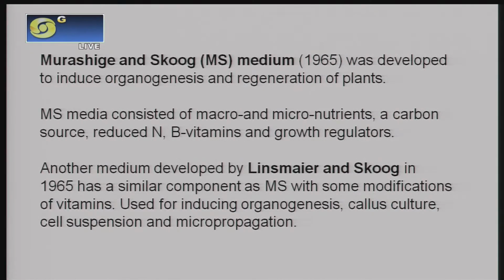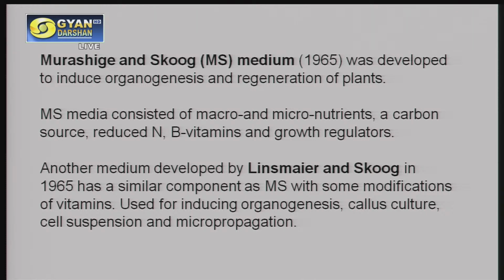That is this bipolarity, that is, one pole towards the root and one pole towards the shoot. So that is called organogenesis, and that organogenesis actually occurs in the medium. Now MS media consists of macro and micronutrients, a carbon source, reduced nitrogen, the B vitamins, and growth regulators.